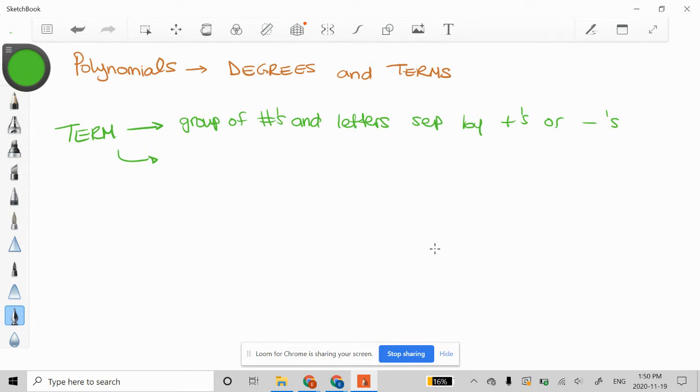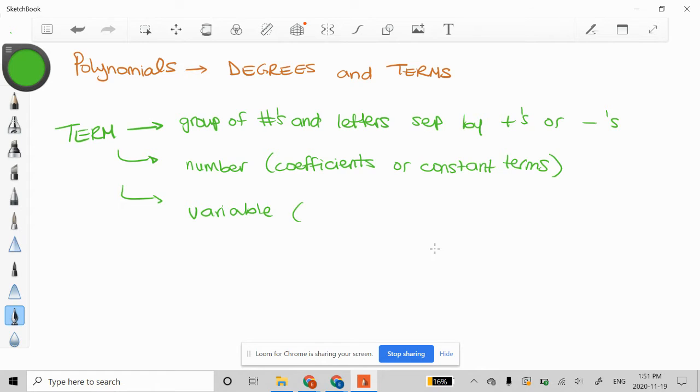So in other words, it can be a number, which we call the coefficients, or constant terms, combined with a variable, which we call the letter, and then the fancy name gets called variables.